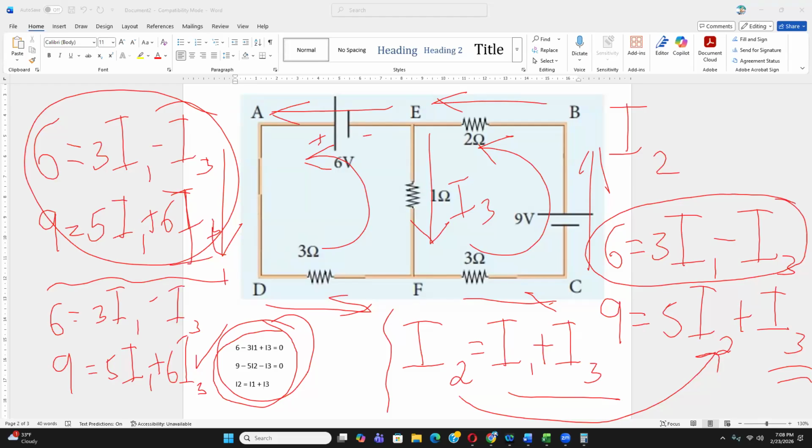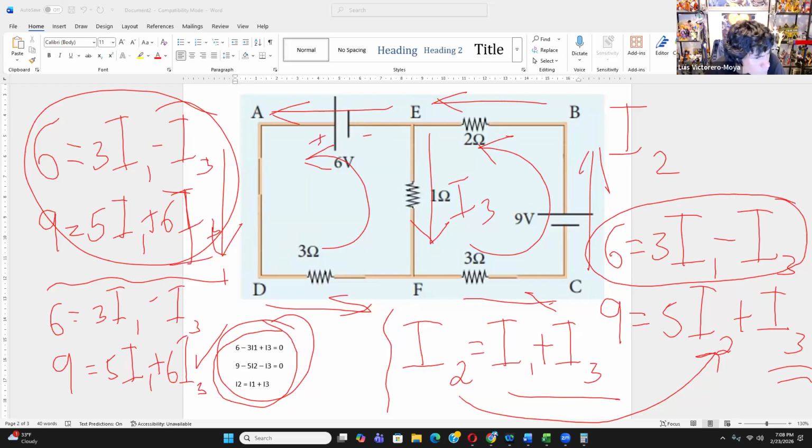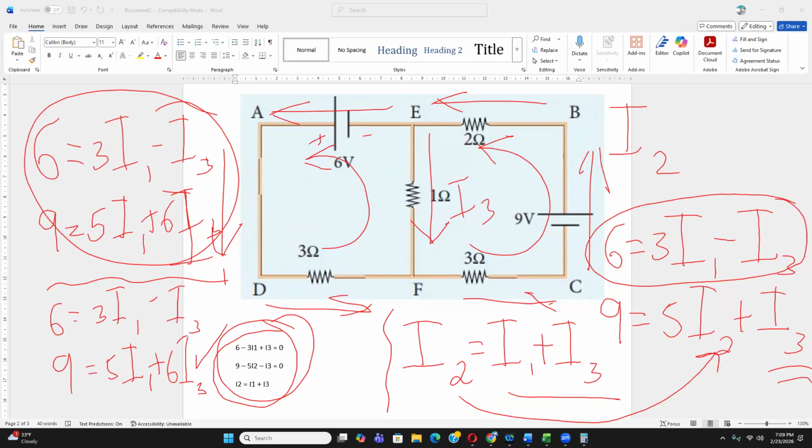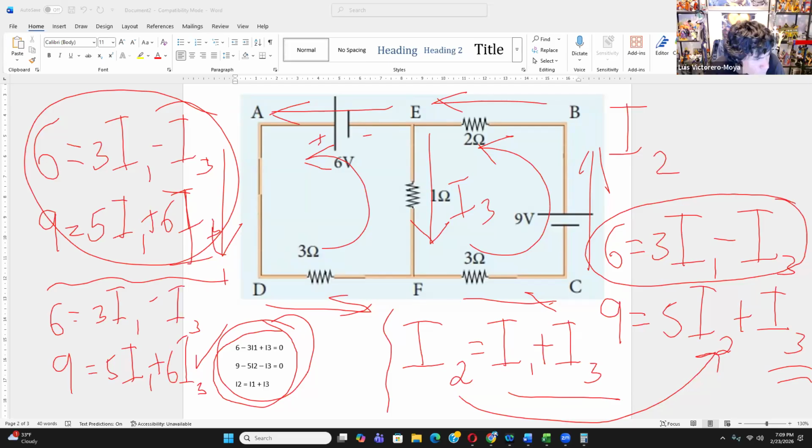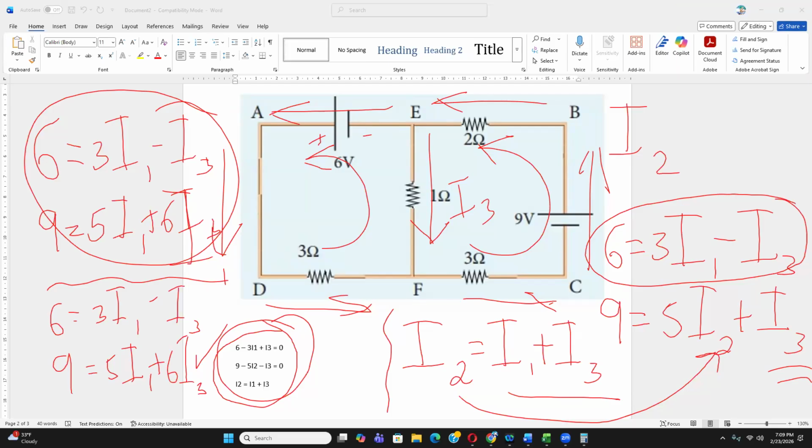So we multiply the top by 6. It's going to be 36 equals 18I1. Then we add, we cancel the negative and positive I3s. And then it's going to be 36 plus 9, equal to 45, equals 18 plus 5, it's going to be 23. And then we divide 45 by 23.